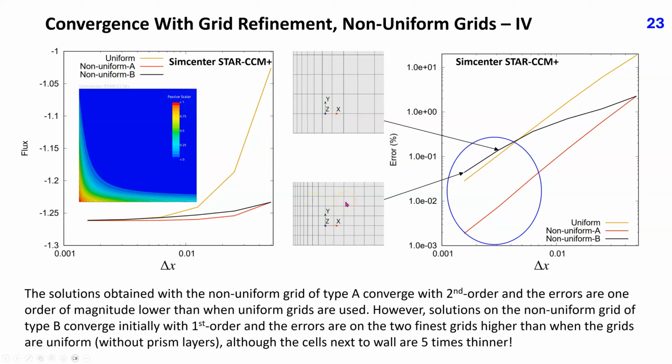This is surprising because grid B has more cells than the uniform grid, and the cells near west boundary are 5 times thinner than when a uniform grid is used. We shall check in other test cases in lectures 19 and 20 when solving the Navier-Stokes equations whether the same behavior will prevail.